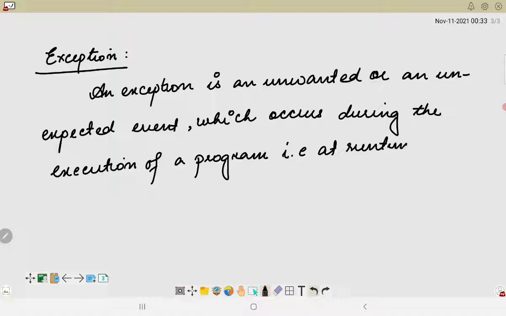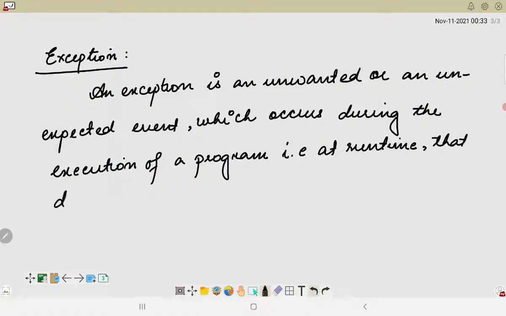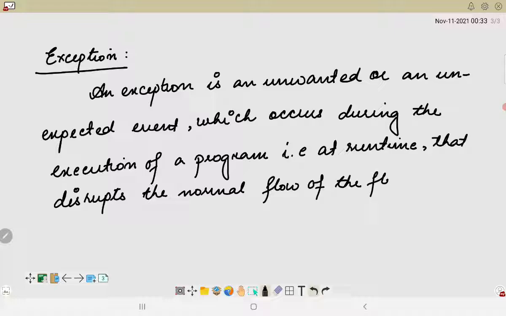We will talk about runtime and compile time issues after some time, but as of now let us remember that it happens at runtime, and that it disrupts the normal flow of the program.